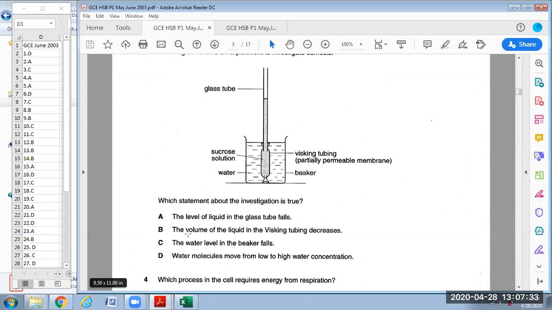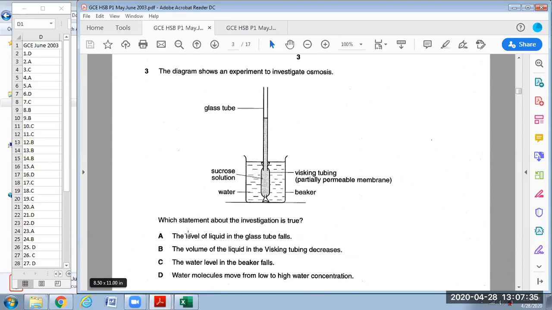Number 3. The diagram shows an experiment to investigate osmosis. Which statement about the investigation is true? Okay, so osmosis is the movement of water from high to low. Now, this is actually similar to a question we did. This is a Visking tube, which is basically like a little plastic bag with holes.